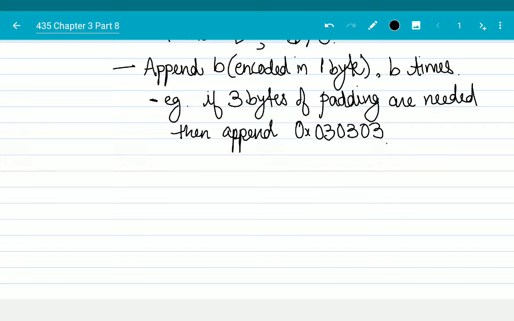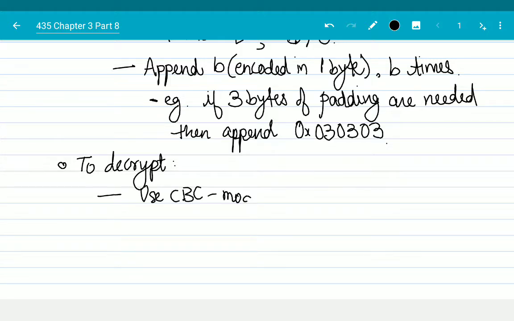How does decryption work? To decrypt, you're using CBC mode, right? So you use CBC mode decryption to obtain encoded data.